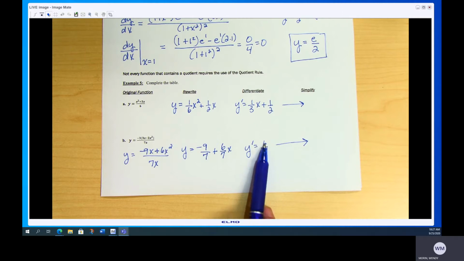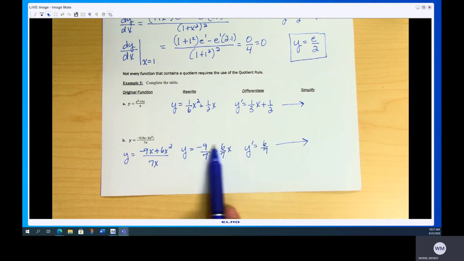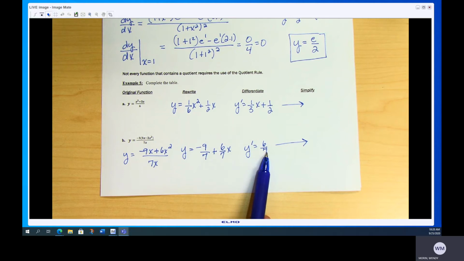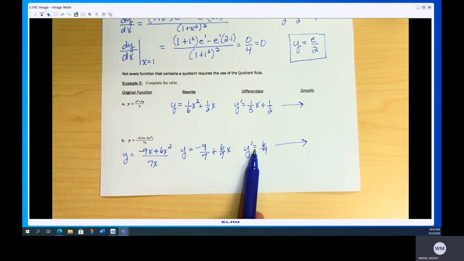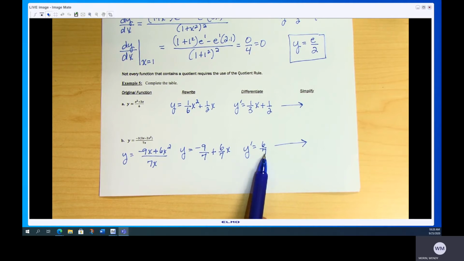That means this is going to be the slope of the tangent line for all x, which means this must be a straight line. Isn't this a line? Isn't the slope 6/7? So every point on this line has the same slope, has the same tangent line. That's why the derivative is always equal to 6/7. Just something to think about.